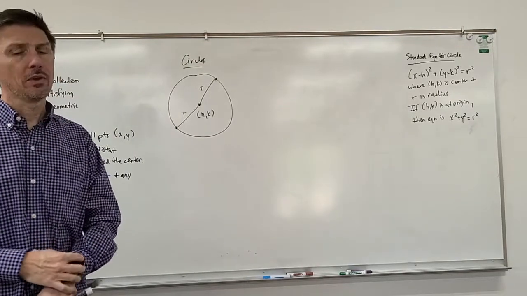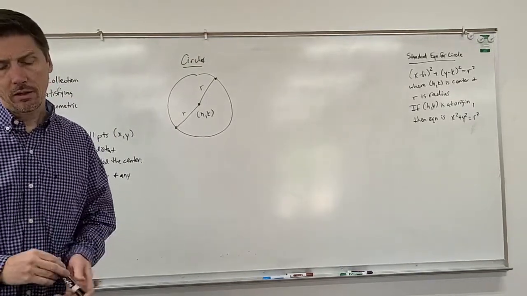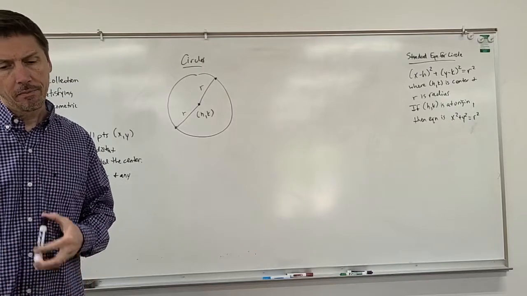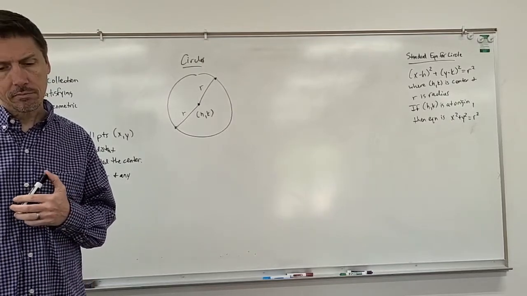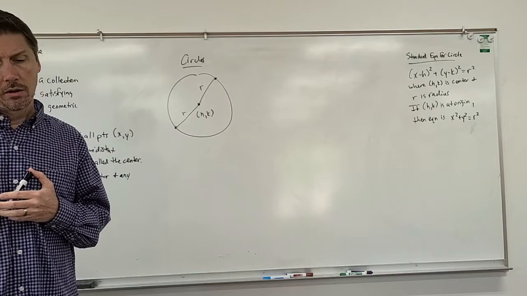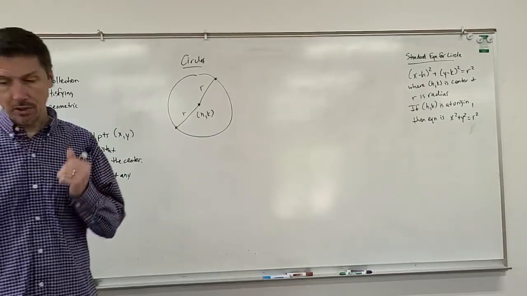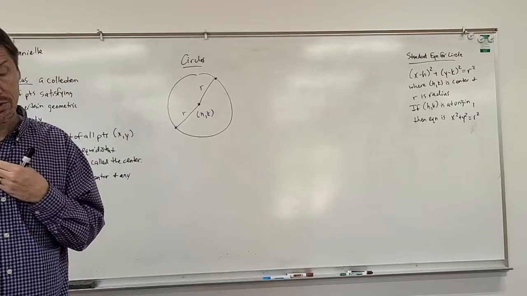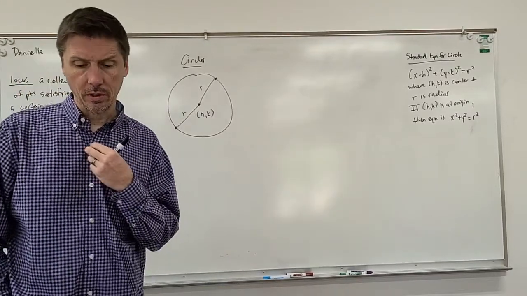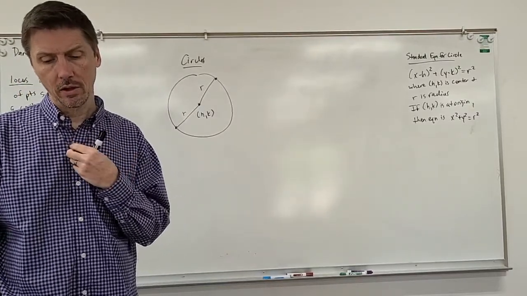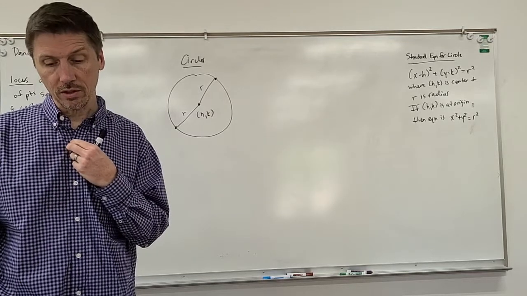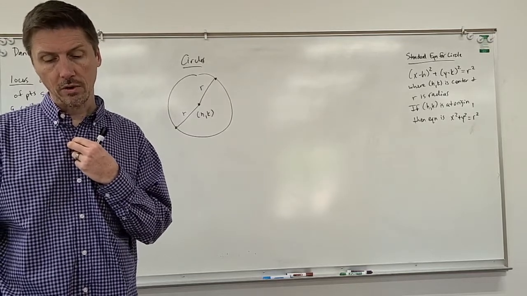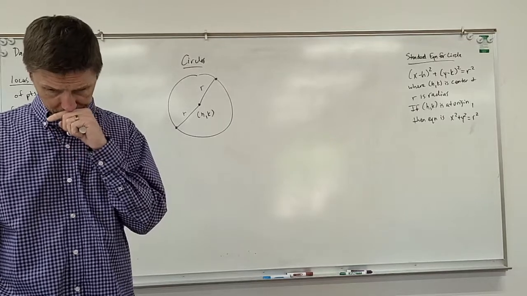So if we look at example 1 on page 637, I'm not going to work this out because it should be so familiar to us, and we should already really know how to do this. They give us a point on a circle and the center of the circle, and they say write it in standard form.